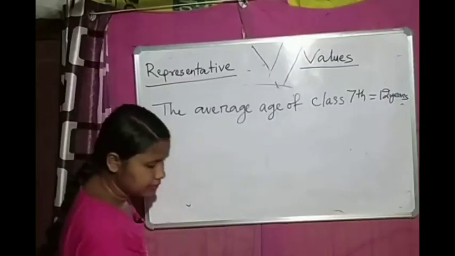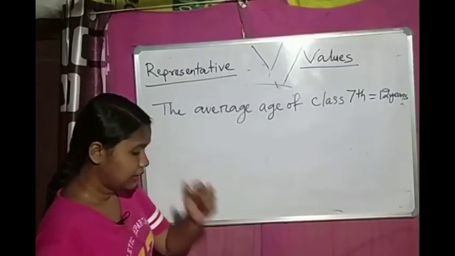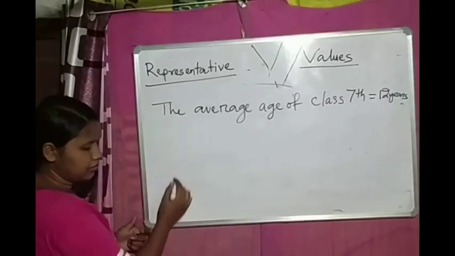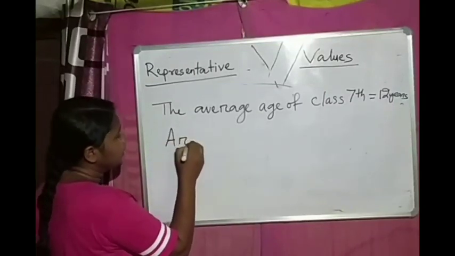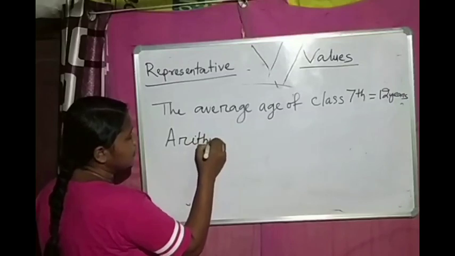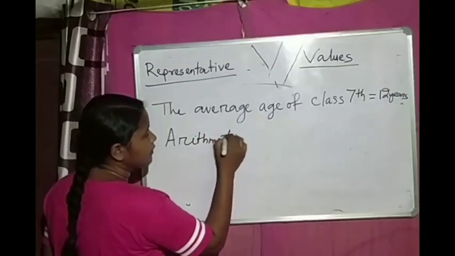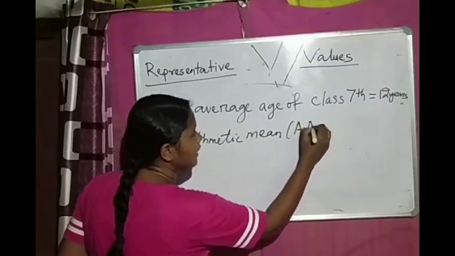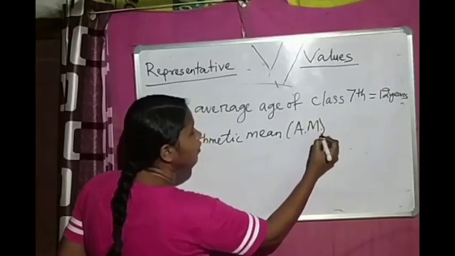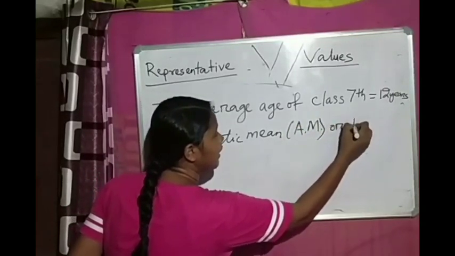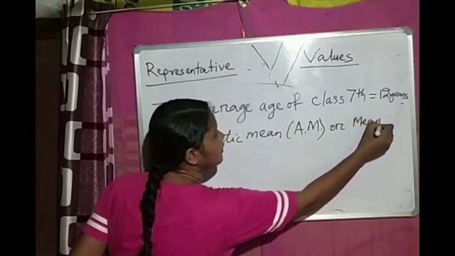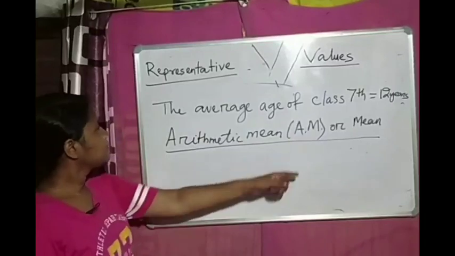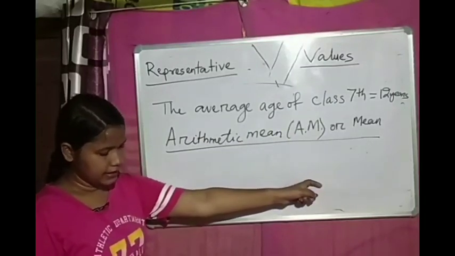So next we'll go. We can find average like this. Next is arithmetic mean. That is also known as AM, or we can simply say it as mean. So arithmetic mean is what?